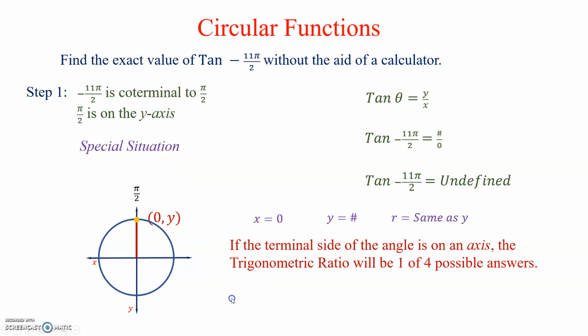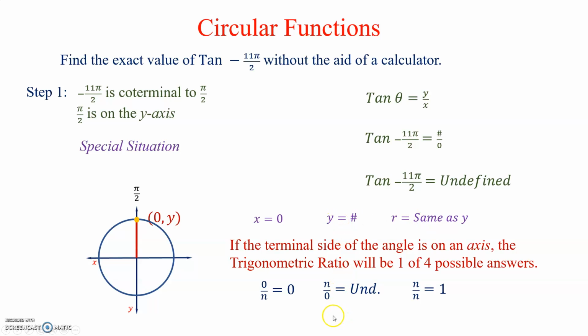Your 4 possible answers will either be 0 over some number, which equals 0, some number over 0, which we just saw was undefined, or a number over itself, meaning the r, the radius, and the y could be the exact same number, which is 1.